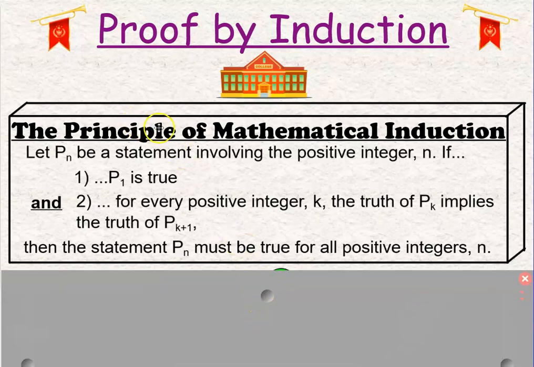It says, the principle of mathematical induction. Let P sub n be a statement involving the positive integer n. So n is usually 1, 2, 3, 4, 5.